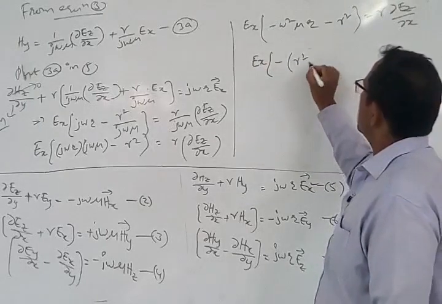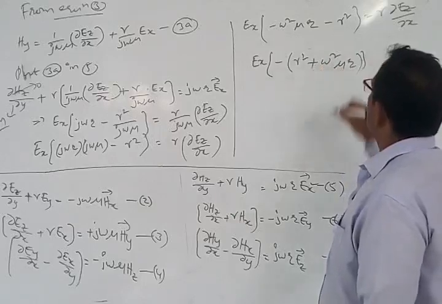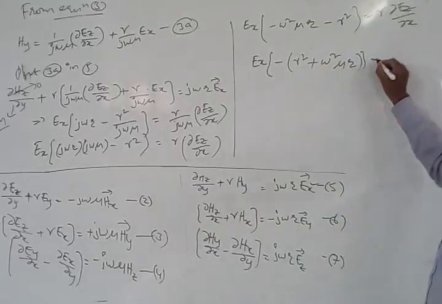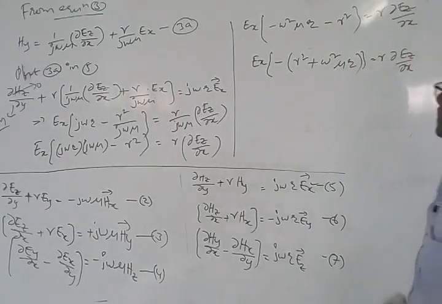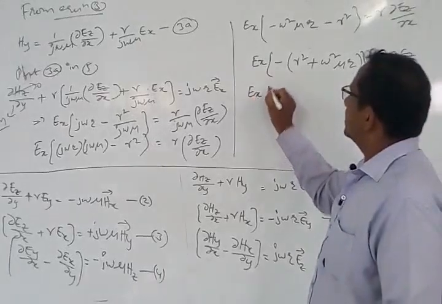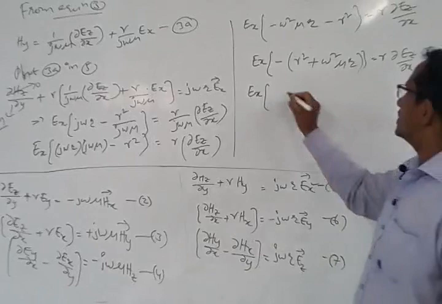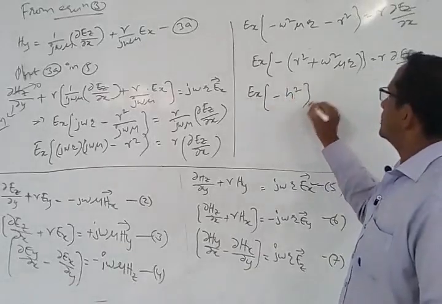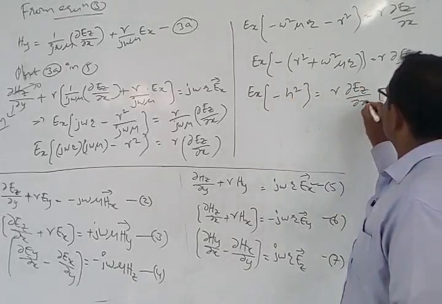When I take minus common, I can write gamma square plus omega square mu epsilon is equal to dou Ez by dou x. Next, this Ex, gamma square plus omega square mu epsilon, I can write as h square. So minus h square is equal to gamma dou Ez by dou x.